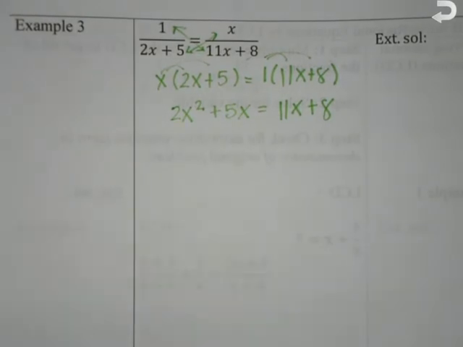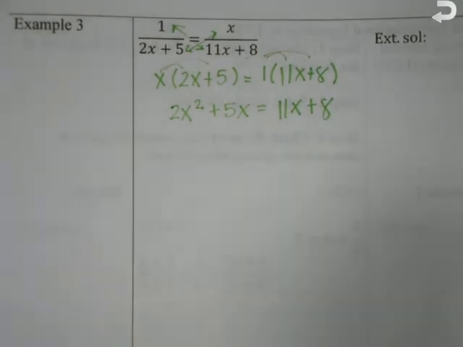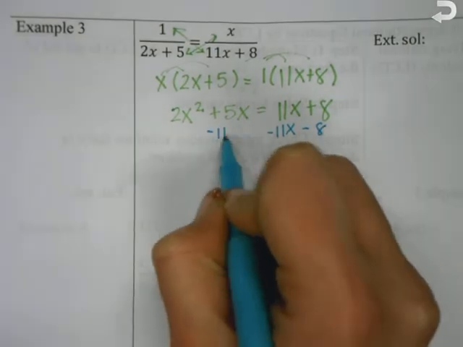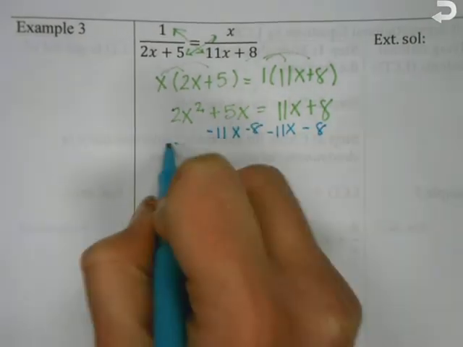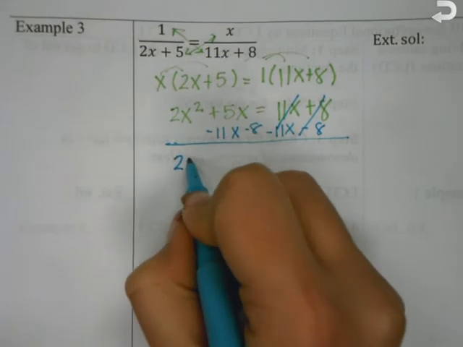So we're going to set the whole thing equal to 0. So we're going to subtract 11x and subtract 8 from both sides. So that's going to give me 2x squared minus 6x minus 8 equals 0.